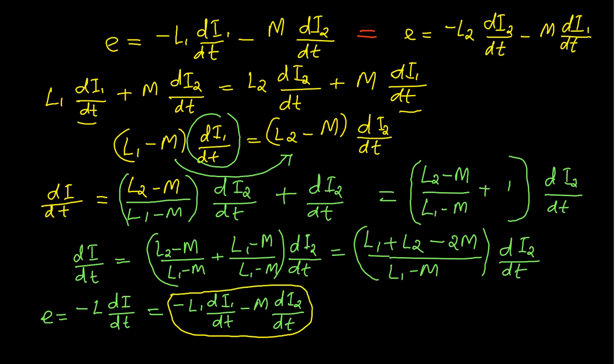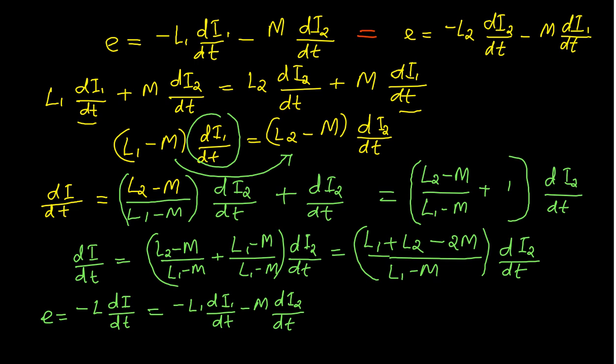The effective inductance is equal to L, and since it is a parallel combination, the EMF in each coil is equal and the effective EMF is also equal. That is L into di by dt equal to minus L1 di1 by dt minus m into di2 by dt.